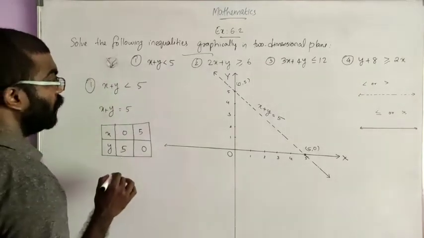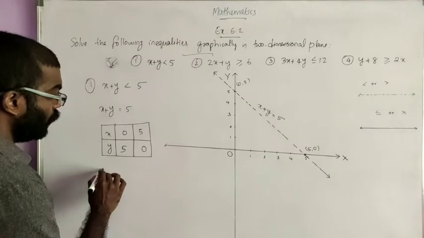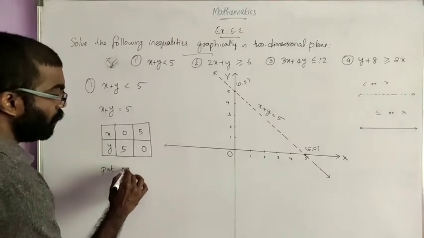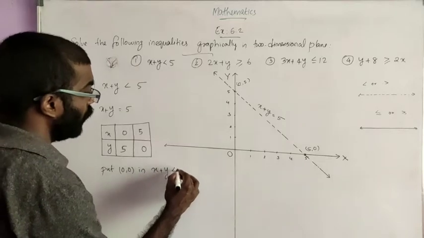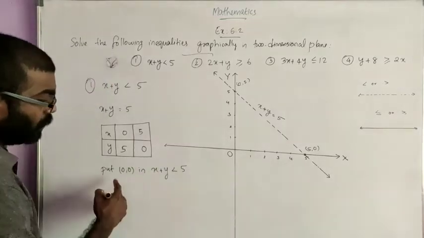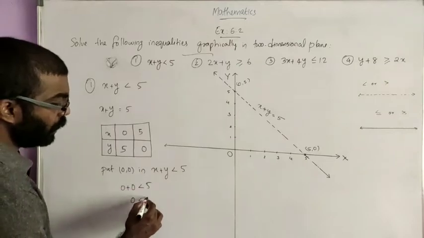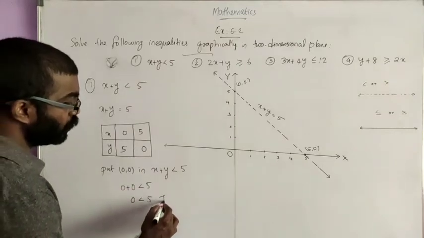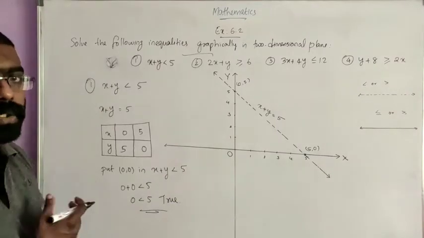Here the inequality is x plus y is less than 5 and here I am going to put 0, 0 in this inequality. So 0 plus 0 is less than 5, or 0 less than 5, and which is true. 0 is less than 5, it is a true statement.